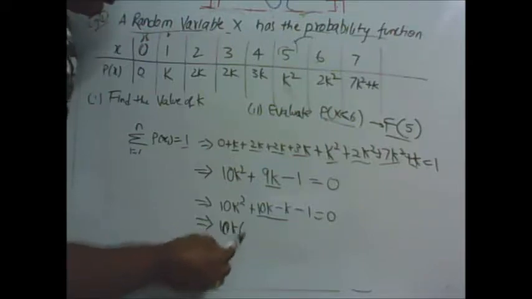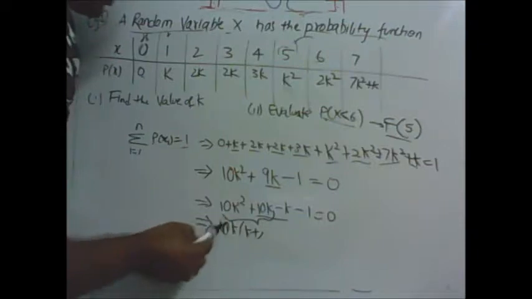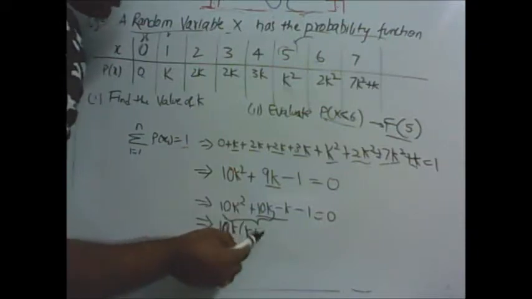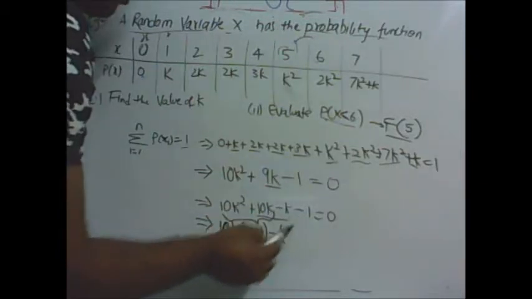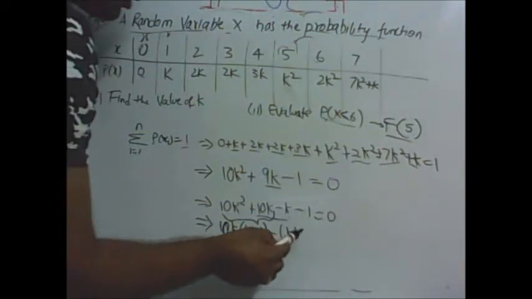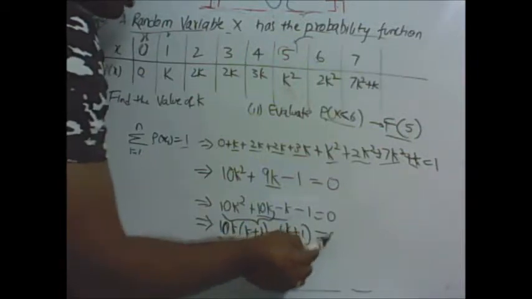From the first two terms we take 10k as common, then k plus 1 is remaining. From the last two we take minus 1 common, then again k plus 1 is remaining, equal to 0.